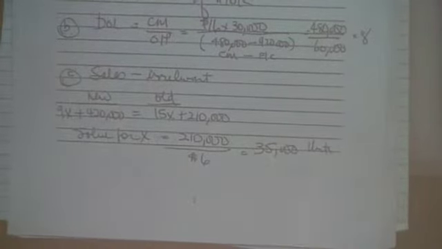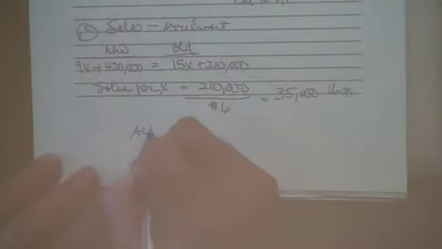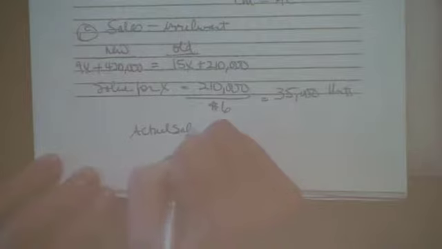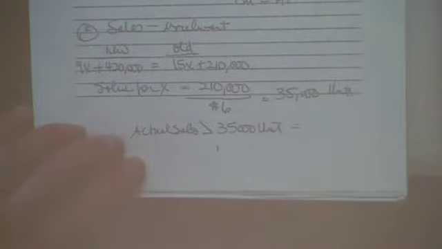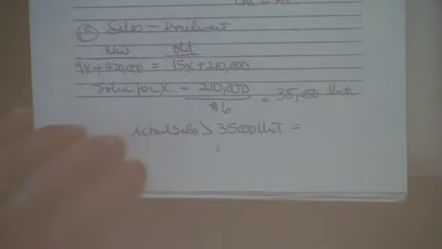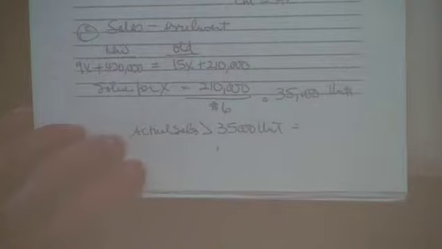So the question is, if actual sales is greater than the 35,000 units, which machine should we go with, the old or the new? Which has the lowest variable rate? The new one.